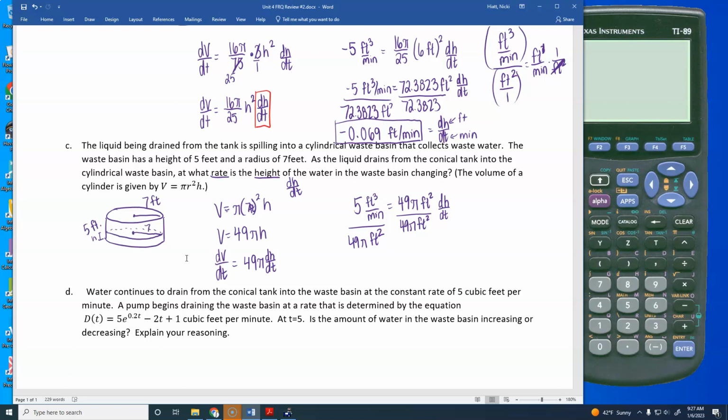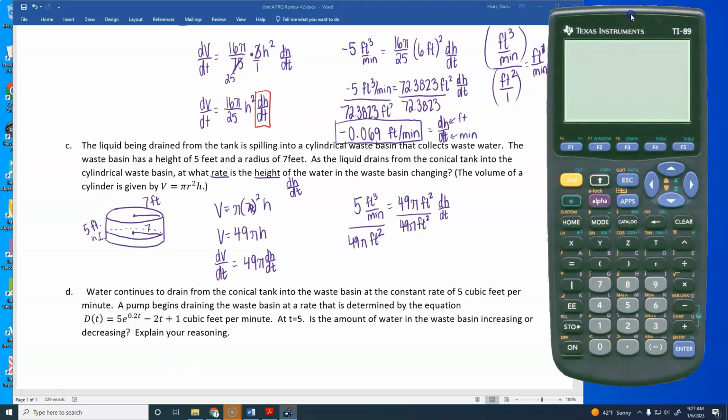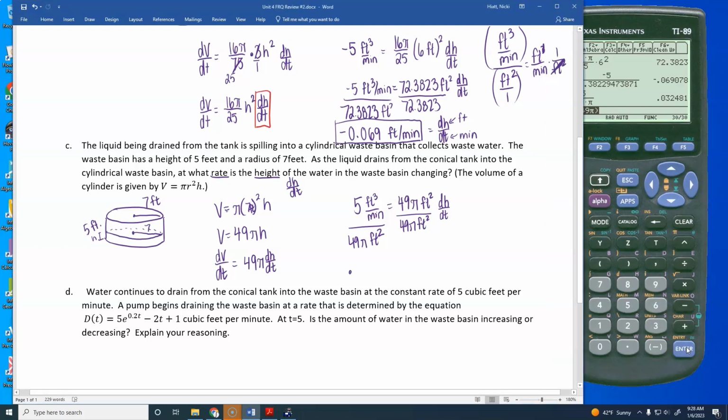you've got 5 over 49 pi, which, if you leave it, 5 over 49 pi is fine, or 5 divided by 49 pi is going to give us 0.032, and it's the same thing that happened over here.